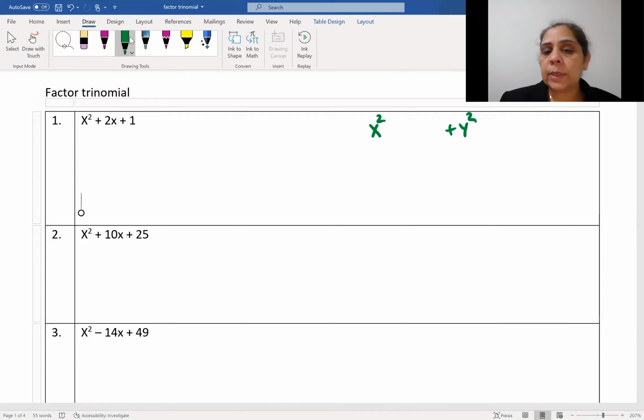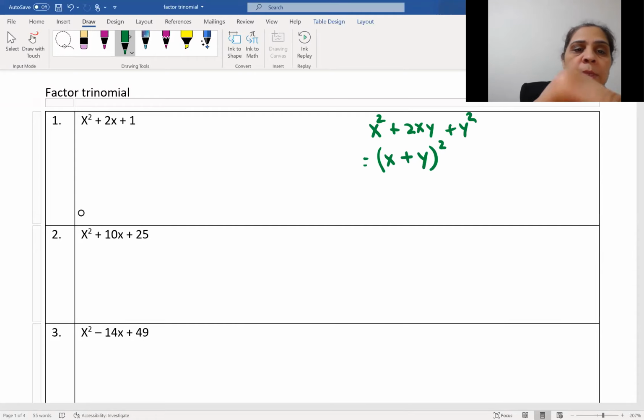Both must be positive. The middle term must be 2 times the square root of the first term times the square root of the last term. Then you can write the square root of x square is x, the middle term sign, the square root of y square is y, and square. Then we can write the square of a binomial.